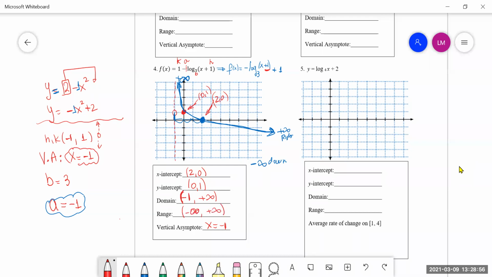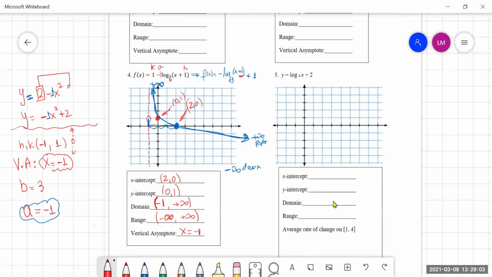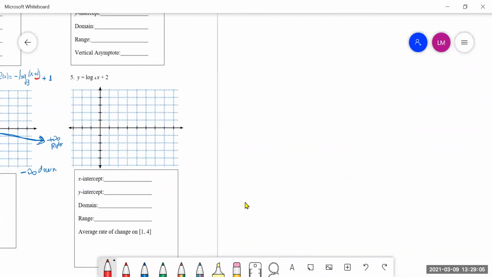Okay, so there it is, our answers for the logarithm graphing. Let me do a quick recap here. If a is greater than 0, we're increasing. If a is less than 0, negative, we are decreasing. Just keep that in your mind so we can do another one.